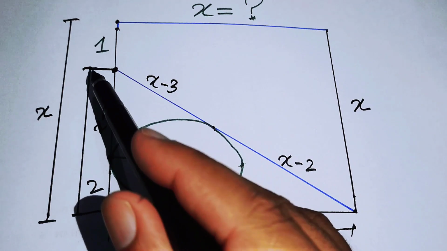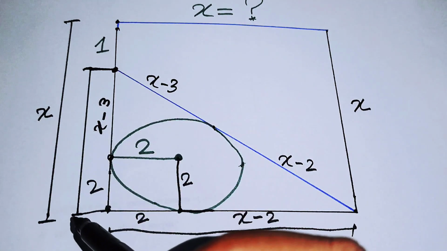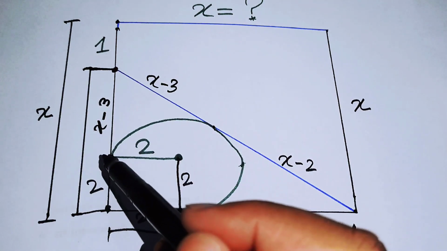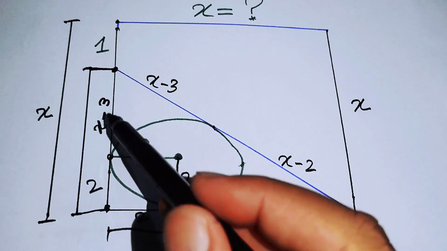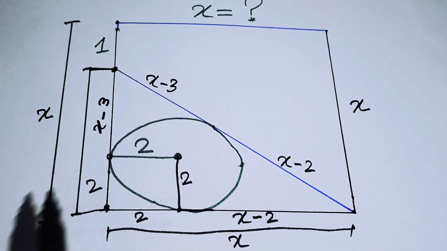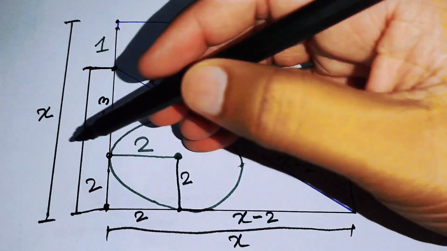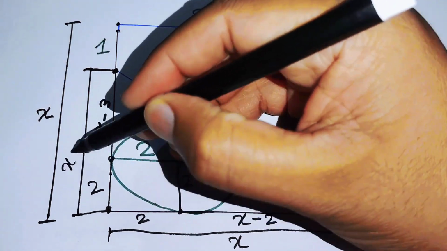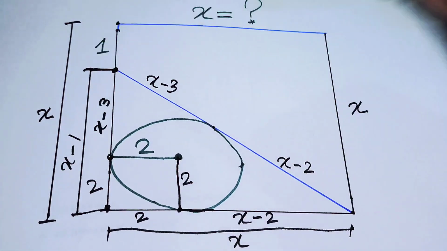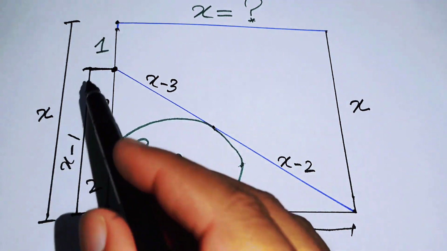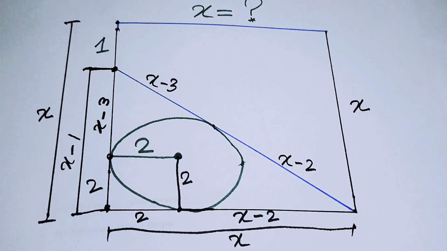So in order to find the value of this whole line segment, you can just add these two values. When you add x minus 3 plus 2, you get x minus 1. So x minus 1 is the value of this line segment.